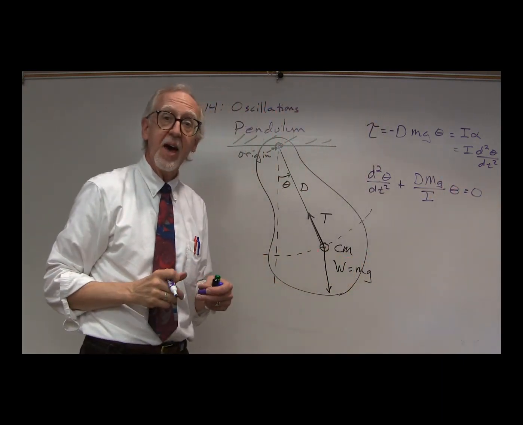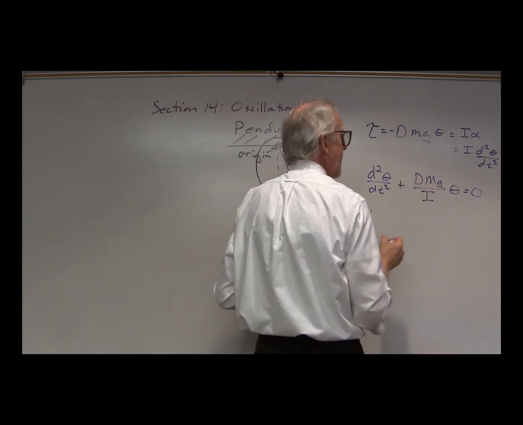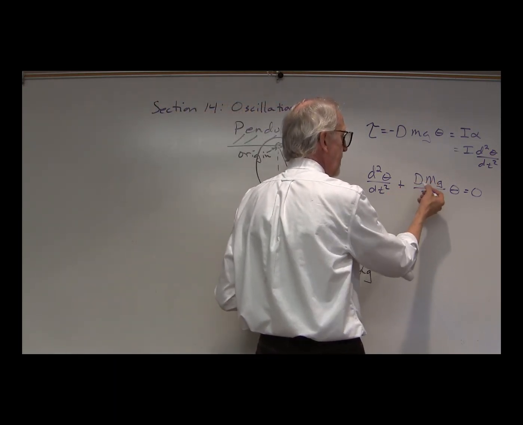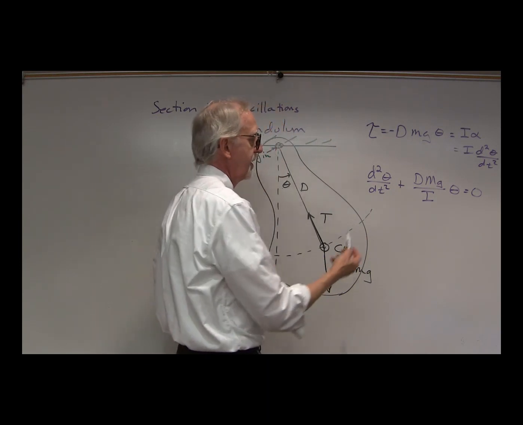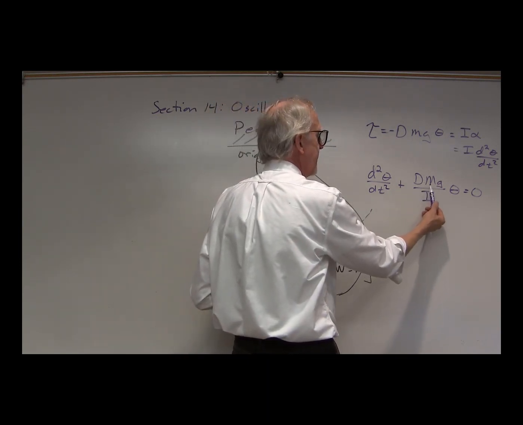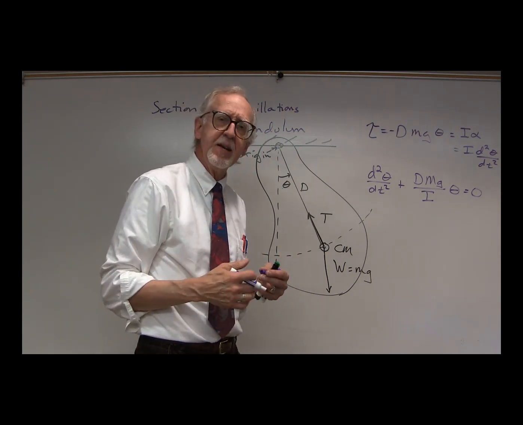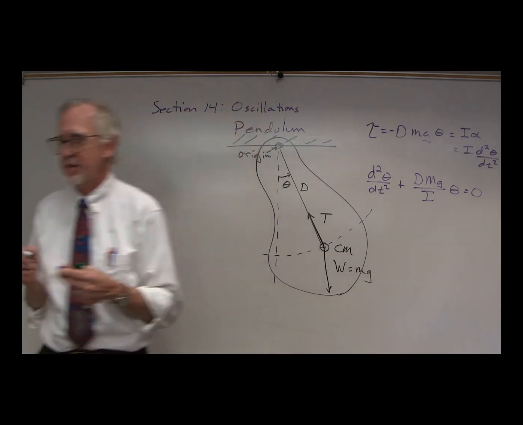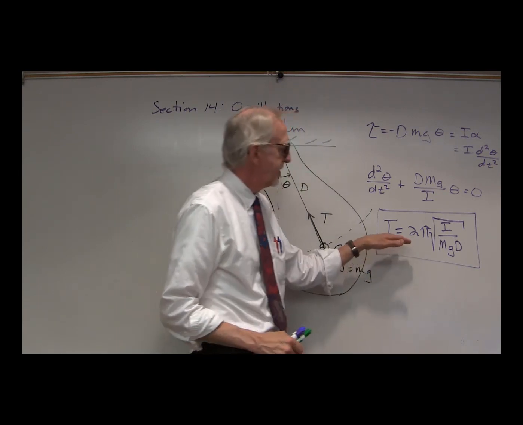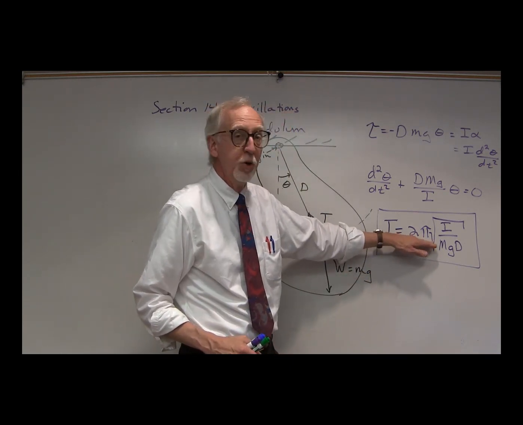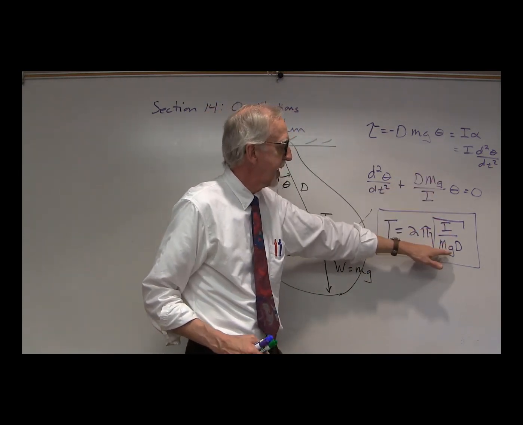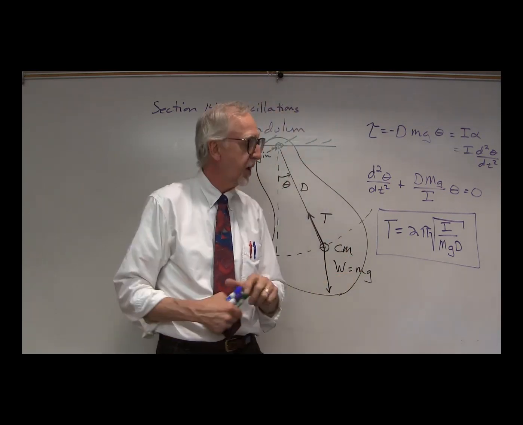And then what we have is, rather than g over L, we end up with this more complicated quantity here, dmg over I. Okay, so what's the period now in this case? Let me just put it all together. We end up then with T is equal to 2 pi root, and again this thing just flipped upside down, I over mgd. Okay?